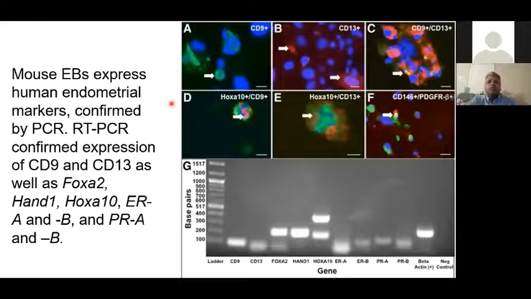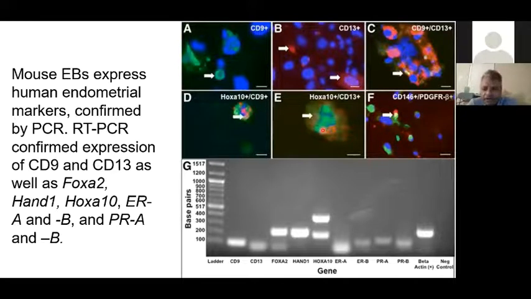But when we generated embryoid bodies out of those embryonic stem cells and again directed their differentiation further, after 3 weeks we were able to see that CD9 and CD13 separated really well. Although the percentage of co-expressing cells went down, HOXA10 was also expressed by CD9 positive cells as well as CD13 positive cells.